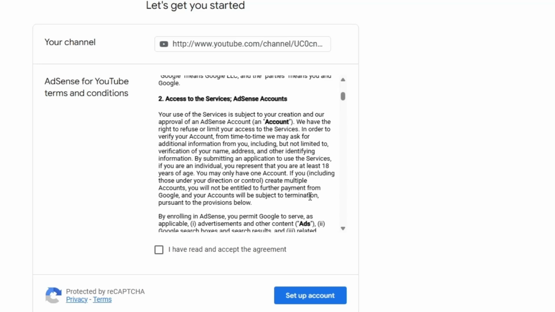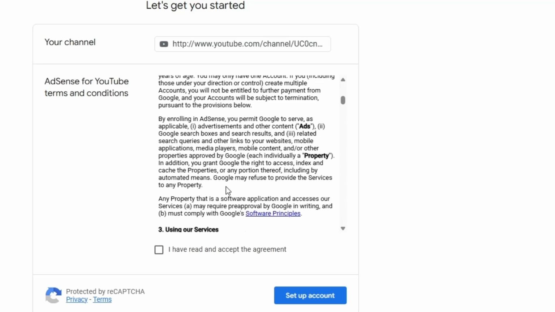By enrolling in AdSense, you permit Google to serve, as applicable, 1. Advertisements and other content, ads, 2. Google search boxes and search results, and 3. Related search queries and other links to your websites, mobile applications, media players, mobile content, and or other properties approved by Google, each individually a property.